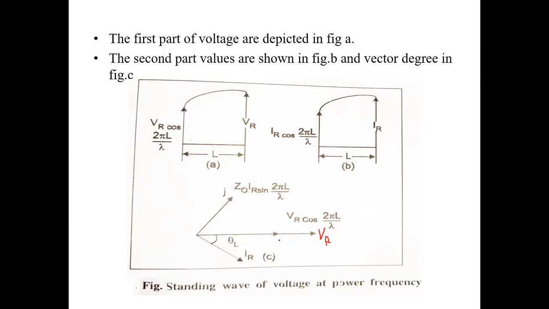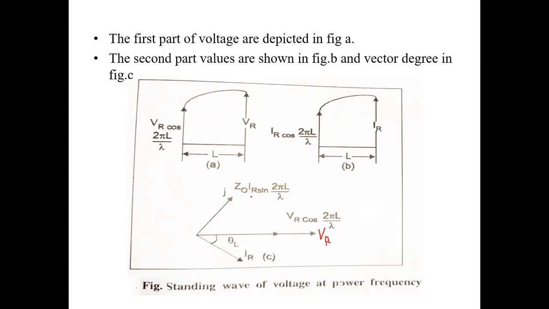For the same vector, its corresponding current for an inductive circuit will lag behind the voltage by an angle of theta L. Similarly, here the second vector is nothing but I naught into cos 2 pi L by lambda. Here Z naught into I naught, that is IR, is nothing but the reactive drop actually.